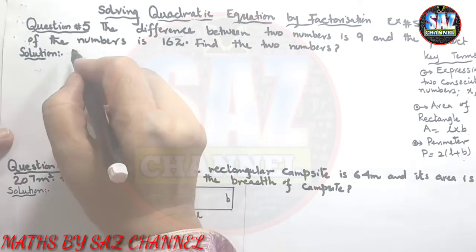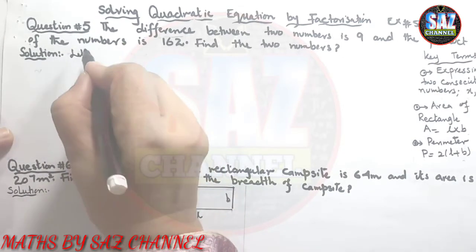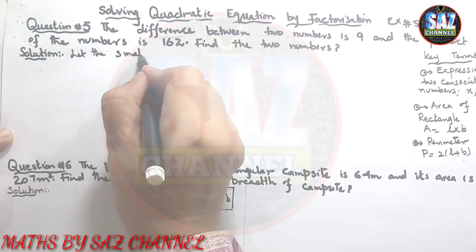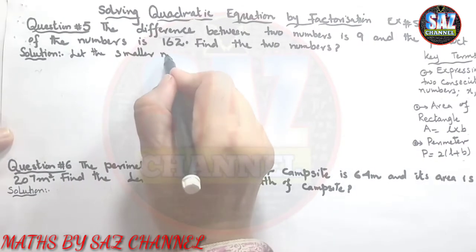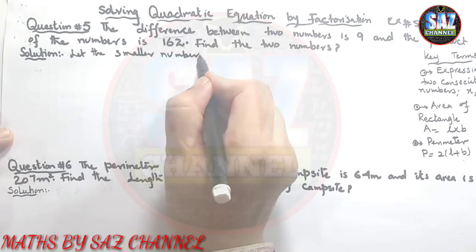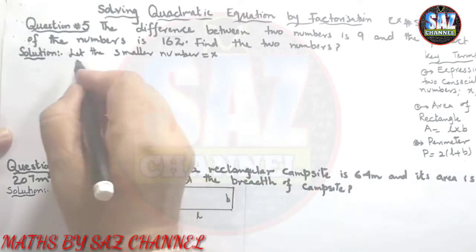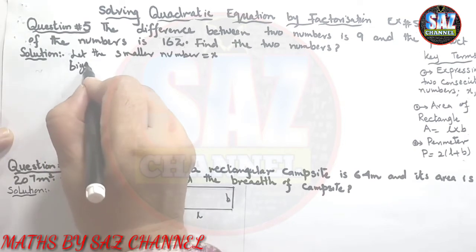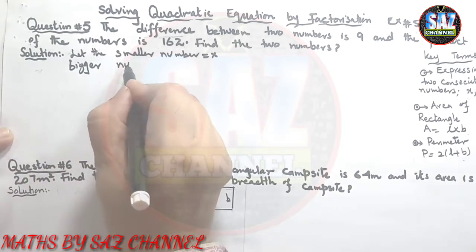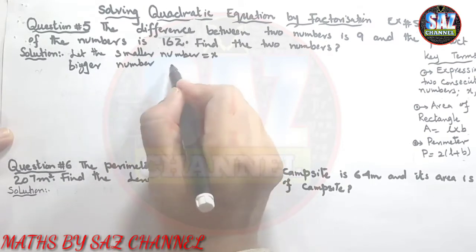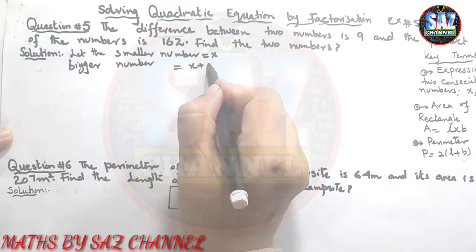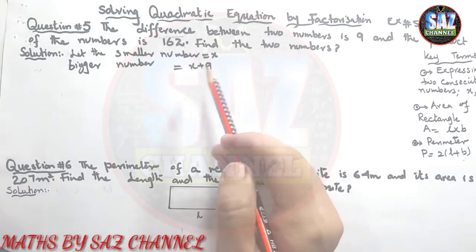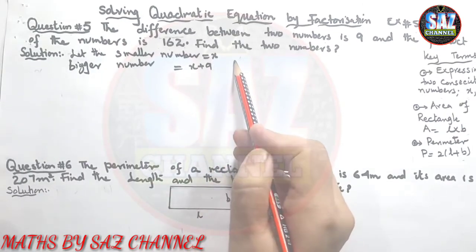Let the smaller number equal x, and the larger number equal x plus 9. Because when I'm taking away x from x plus 9, my difference is 9.